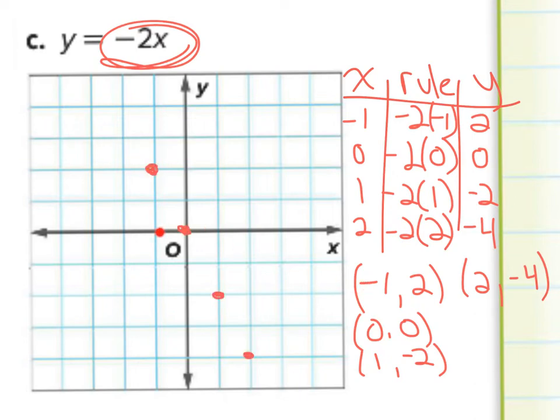I get -1, 2, 0, 0, right in the middle. 1 and -2, so we go 1, -2, and then finally 2, -4. I can draw a line here. So the equation y equals -2x looks like this when we graph it on the coordinate plane.